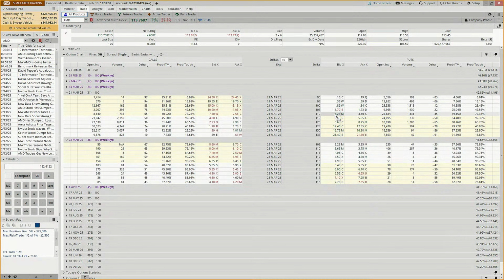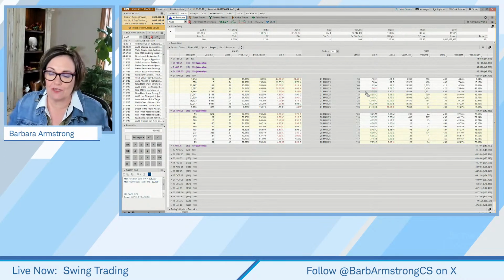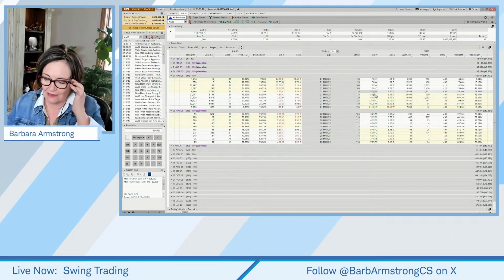And of course, that's not taking our superlative technical analysis into account, right? I say that a little tongue in cheek, but these probabilities don't take the trend that we're seeing on the chart into account. And that's why we do what we do, right?